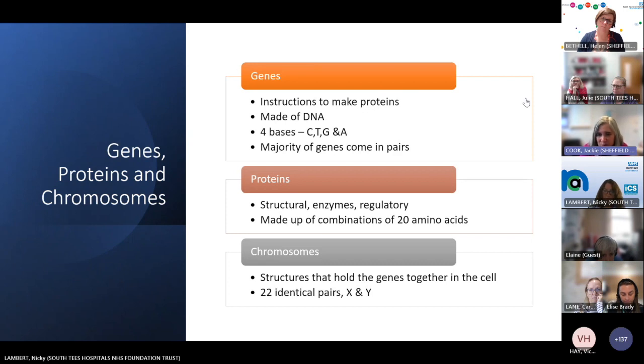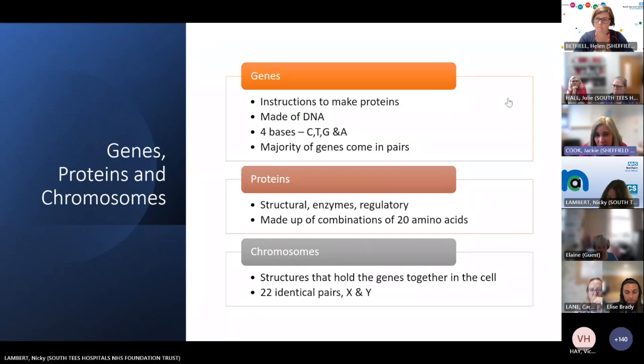They can be regulatory proteins, which switch other genes on and off, so they can be involved in embryogenesis and development of the fetus, and they can be involved in how things work in our body. Those proteins are made up of combinations of 20 different amino acids, and those bases in the DNA specify what amino acid is going to go at what point and where in the protein.